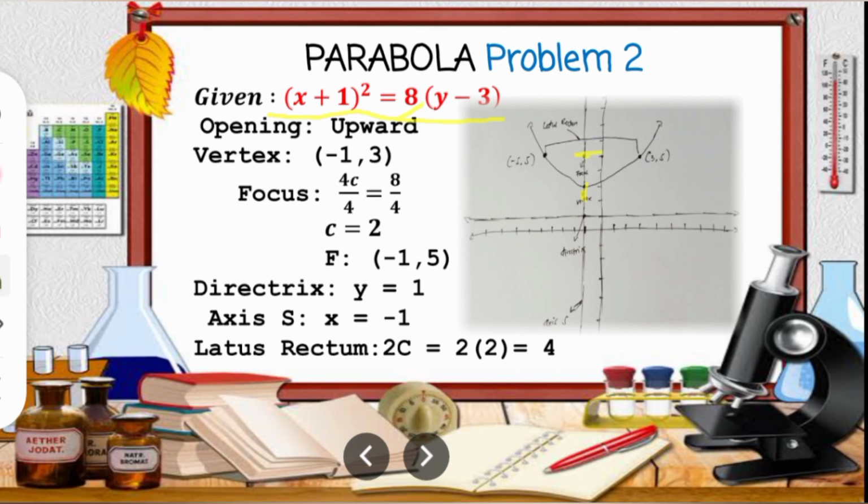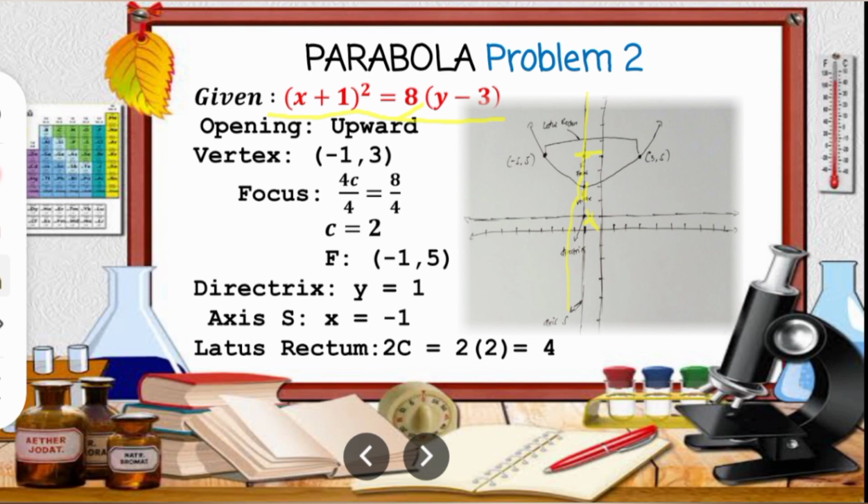Our directrix is y equals 1. We move backward 2 because that is our c. So 1, 2. This is our directrix. And our axis of symmetry is x equals negative 1. Our latus rectum, which is 2c, equals 2 times 2, which is 4.